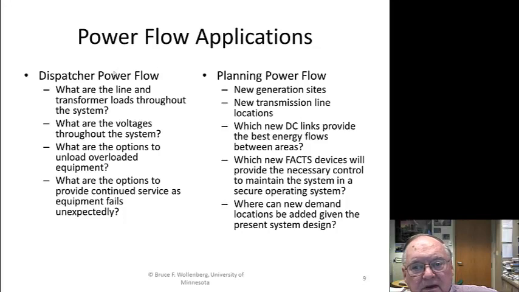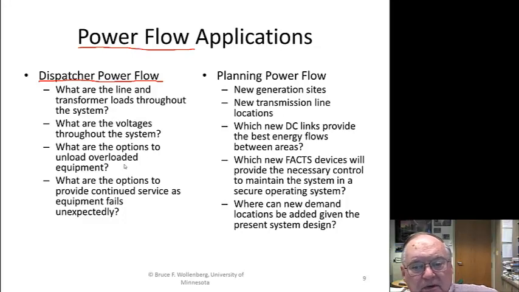Now here are some of the applications of what we call a power flow. The dispatcher's power flow is used by personnel in the control centers, let's say transmission control centers. What are the loads throughout the system? What are the voltages? What are options to unload overloaded equipment?